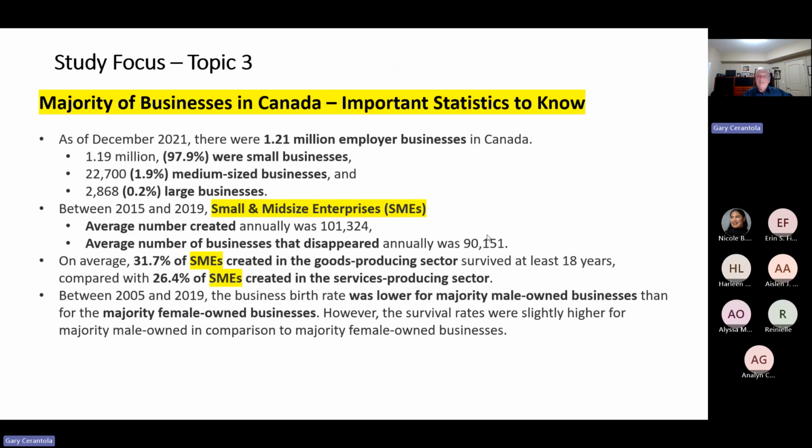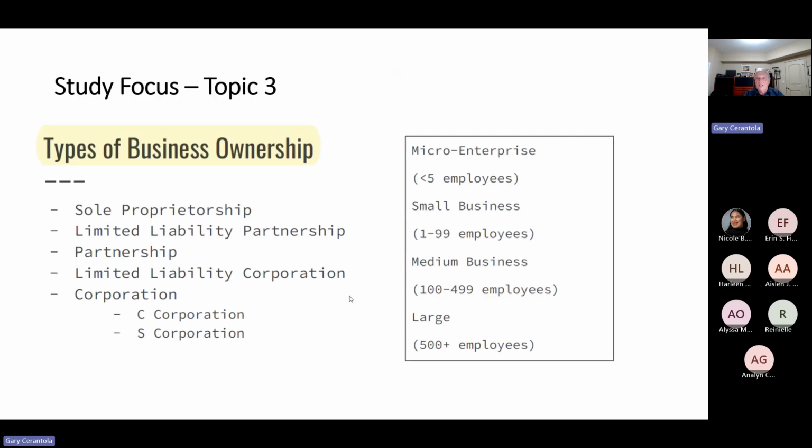All right, and that's why I put you on to our friend Michael Gerber, because you really need to understand that a lot of businesses don't make the 5-year mark, for various reasons, and you should understand that as well. Okay, and on average, 32% of small and medium-sized enterprises in the goods-producing sector survive at least 18 years. All right, so understand these statistics.